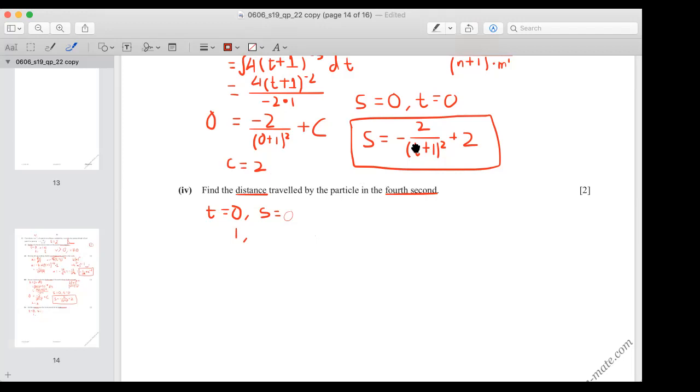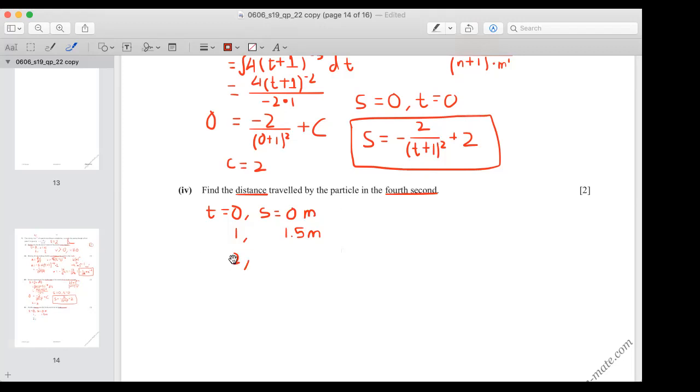Of course, you have to write the equation here, but I'm not writing it for the sake of saving space and my hands. 1 plus 1 is 2, 2 squared equals 4. Negative 2 over 4 is negative half, plus 2 is 3 over 2. So when t equals 1, s will be equal to 1.5 meters. When t is 0, it's 0 meters. Now, how about if t equals 2?